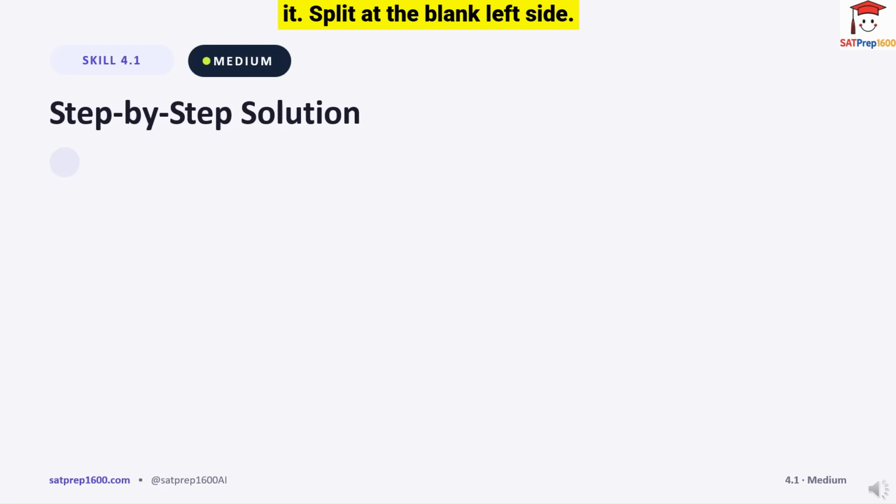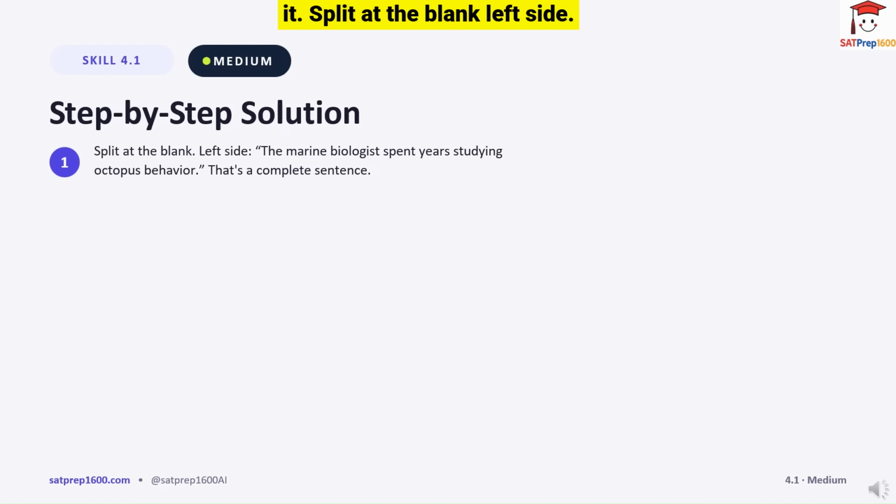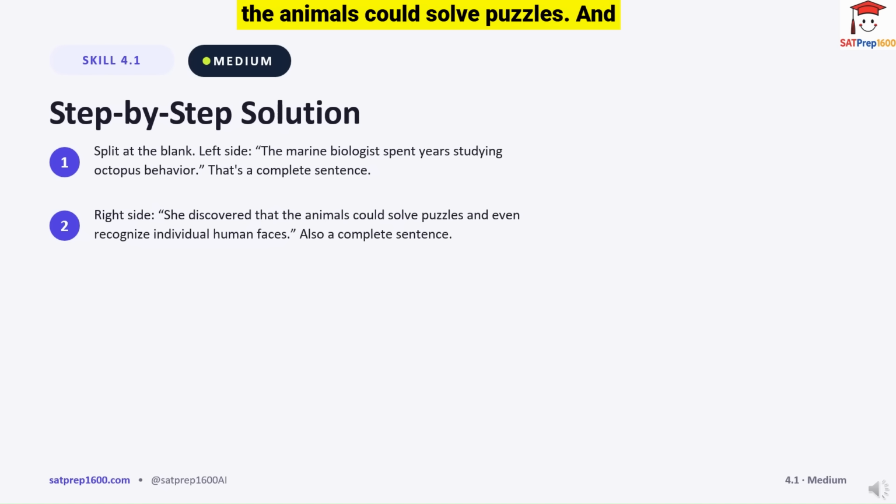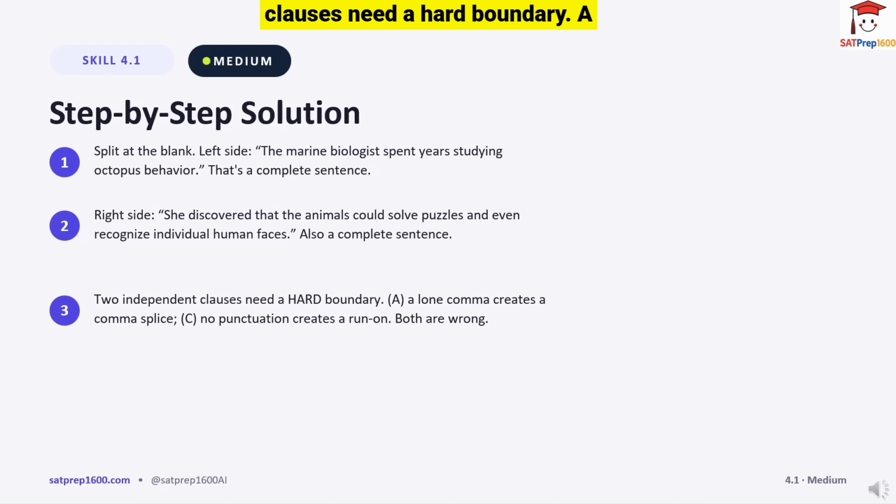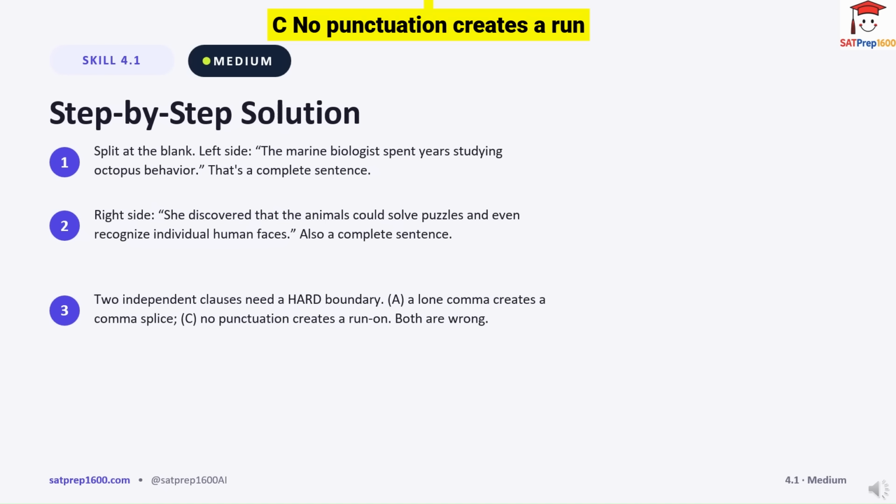Here's how to solve it. Split at the blank. Left side: the marine biologist spent years studying octopus behavior. That's a complete sentence. Right side: she discovered that the animals could solve puzzles and even recognize individual human faces. Also a complete sentence. 2 independent clauses need a hard boundary. A. A lone comma creates a comma splice. C. No punctuation creates a run-on.